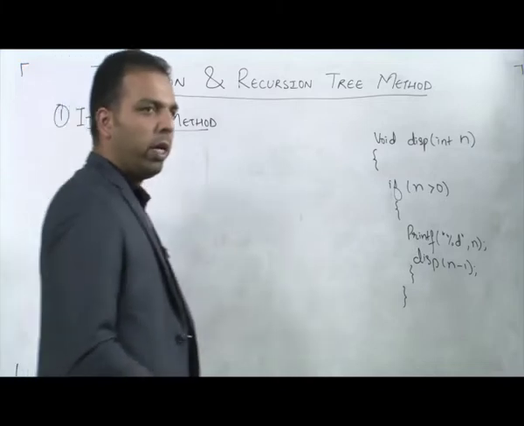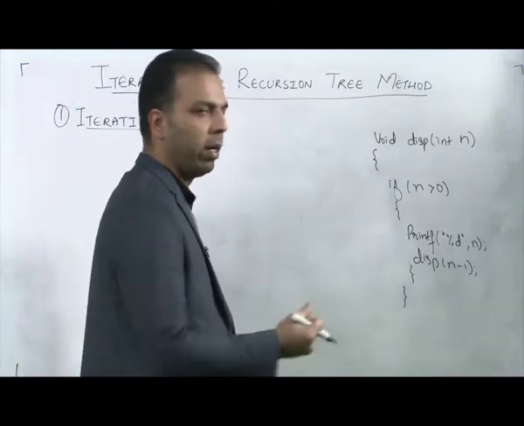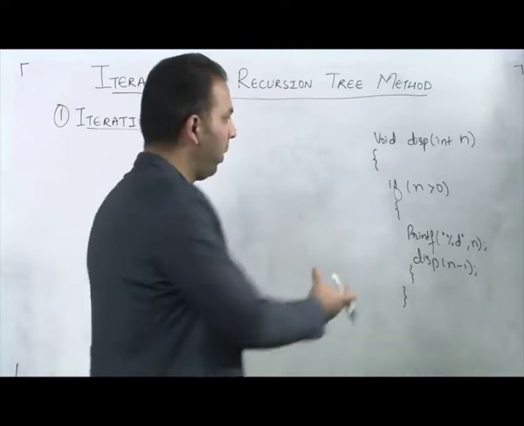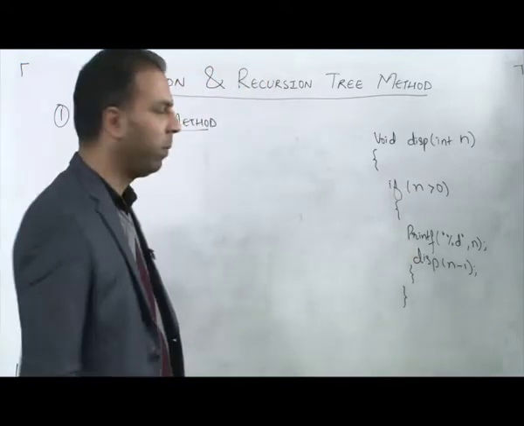What we are doing here is simply displaying the value n, whatever n you enter. As long as it's greater than 0, we'll be displaying it, and we'll be calling the same function recursively with the value n minus 1.